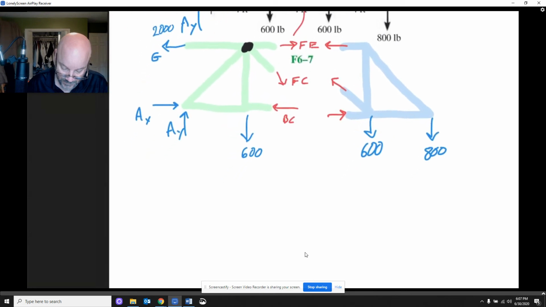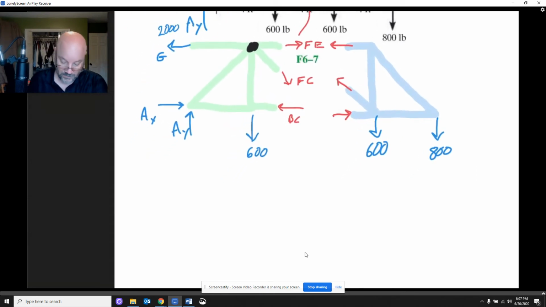Let's take a look. We're going to sum the moments around F. So here's our point F right there. Oops, that's not what I wanted. Sum the moments around F, and we're going to set that equal to 0. So AX is at a distance away of 4. You'll need to look at the picture. I'm not going to scroll down right now just to do that. And it's counterclockwise, so it's going to be positive.